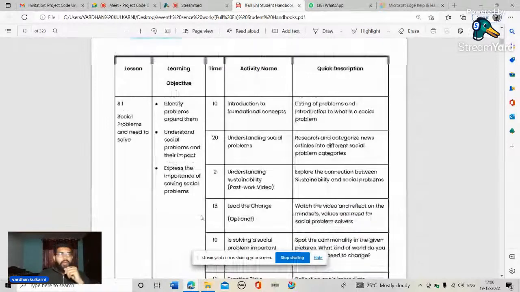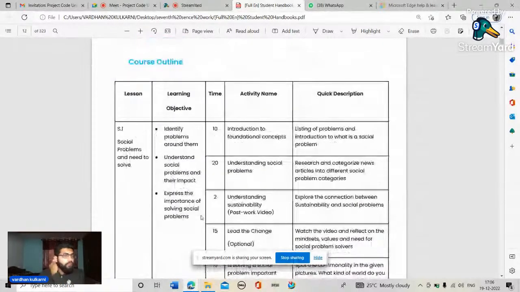Course outline: social problems, what social problems are and the need for solvers, identifying the social problems around them. As I said earlier, in social problems we'll be understanding the problems around them and their impact, and expressing the importance of solving social problems.